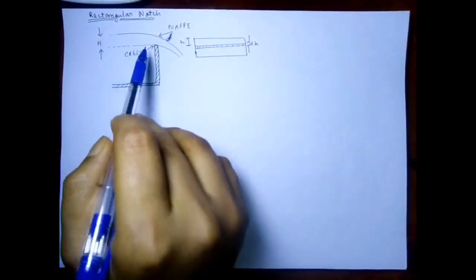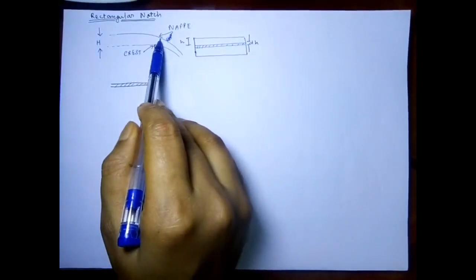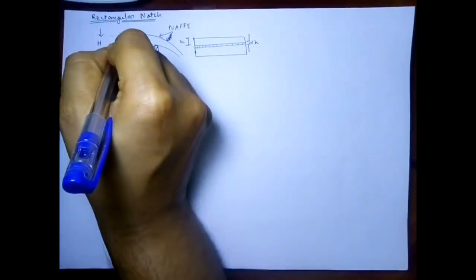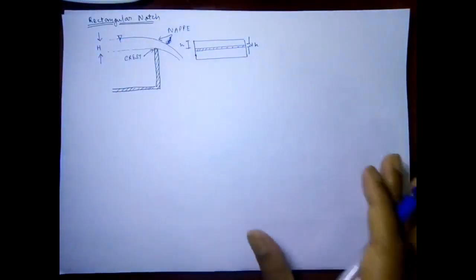This is the diagram of a rectangular notch, and note that here is the crest and this is the nappe of the flowing liquid, suppose water.